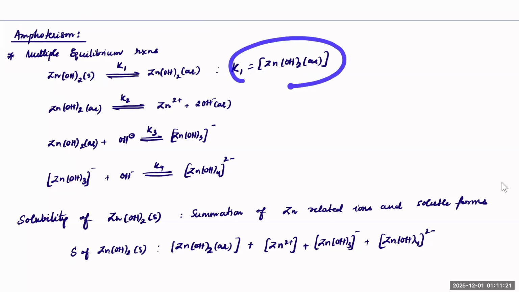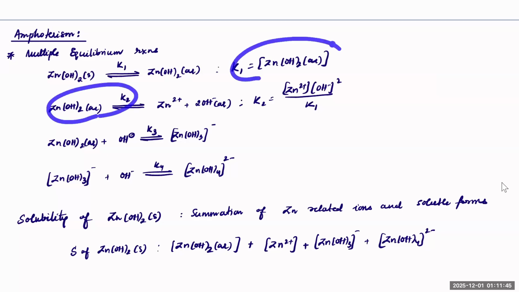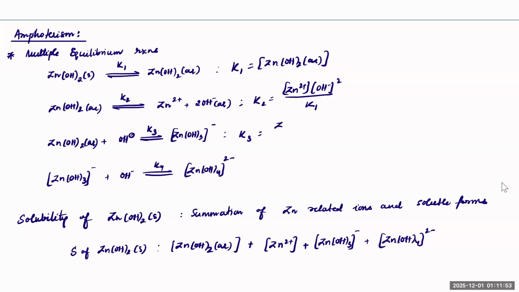So K2 will be Zn2+ concentration times OH- squared divided by K1. Likewise, K3 is the Zn(OH)3- concentration divided by the Zn(OH)2 concentration, which we found as K1, times OH-.